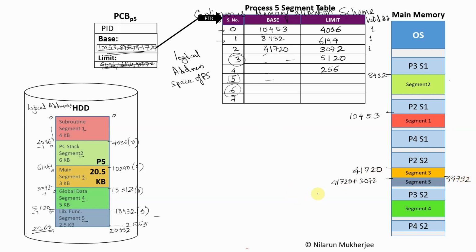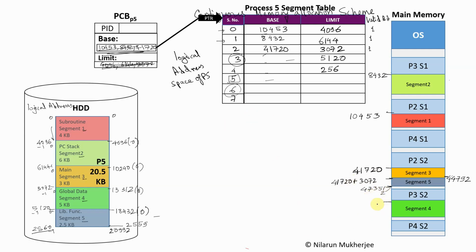It will start from 44792, and segment 5 will end at plus 2560. It will end at 47351. That will be the end, and from there is a hole.